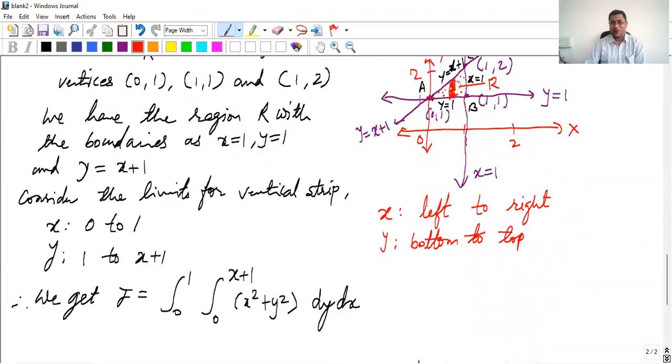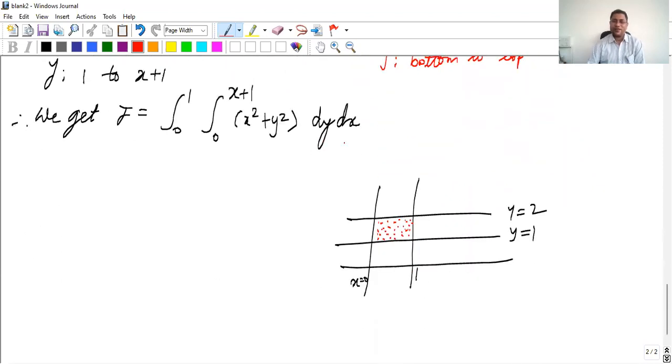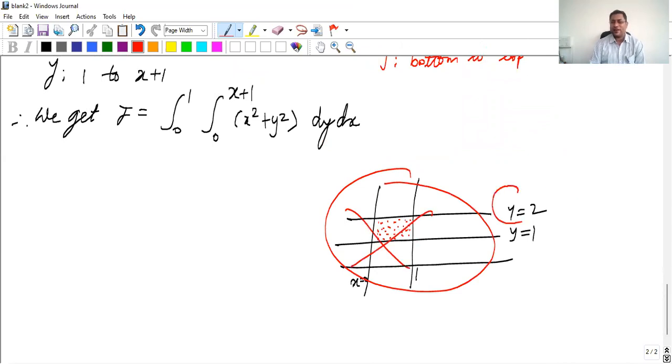Is it the same as what is given to us? No, sir. So we cannot claim that y is directly 2, because when x is half, y is 1.5. Correct? So we have to consider the strip.